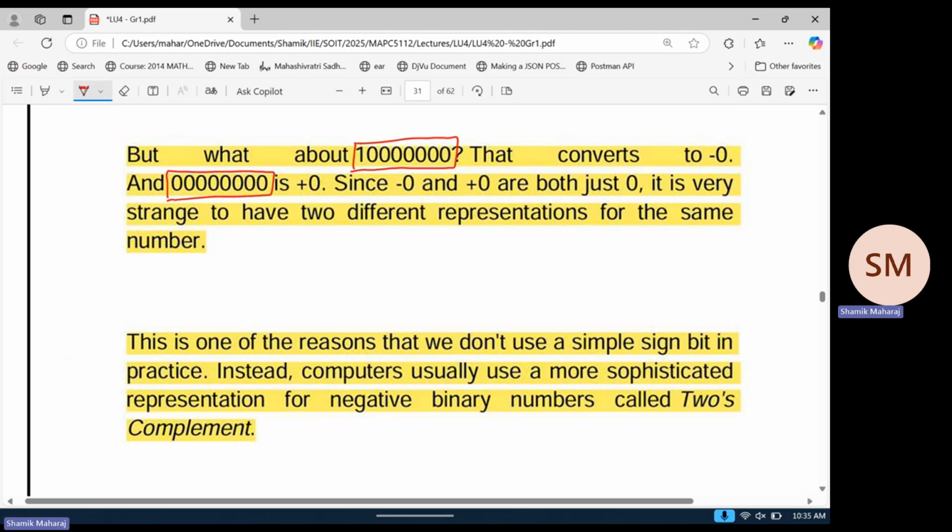It's a 0 with 1 for the sign bit. The one at the bottom is +0. It's 0 with a positive for the sign bit. And both of these two are actually the same thing. It's absolutely the same thing. But now we have two different binary strings to represent the same number, which doesn't exactly make sense. Two different representations for the same number. So that's one of the reasons why we don't use this method, because it's giving us a bit of a contradiction here.